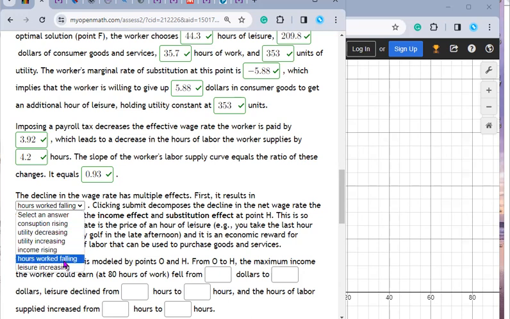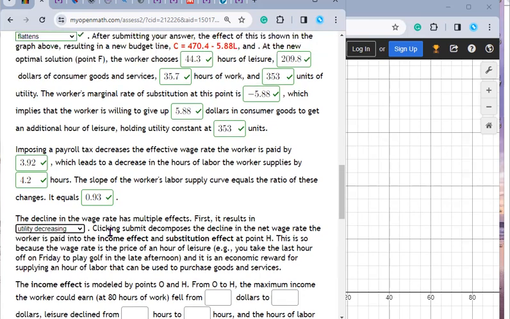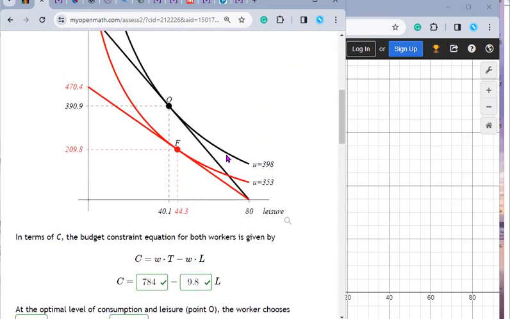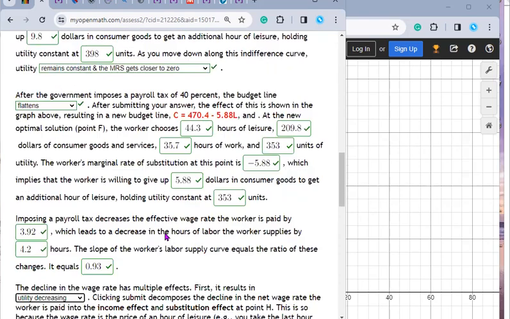Utility decreasing, hours worked previously was increasing, and leisure was decreasing. So I had to change these two, because the correct answer is utility decreasing. Utility decreased from black to red, from 398 to 353. Okay.